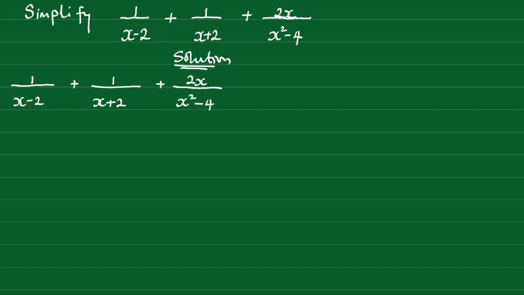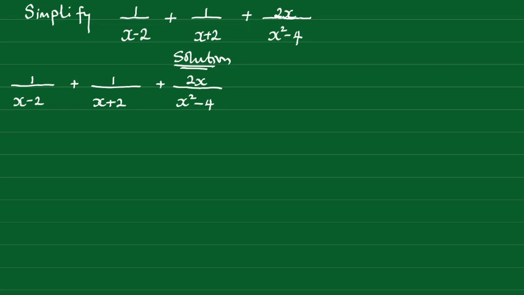Now, we know that x squared minus 4 is the same as x squared minus 2 squared, which in turn is a difference of 2 squares and can be expressed as (x minus 2)(x plus 2). Therefore, our denominator at the third fraction can be (x minus 2)(x plus 2).